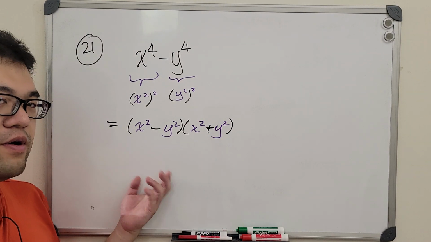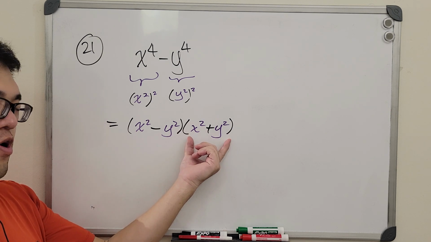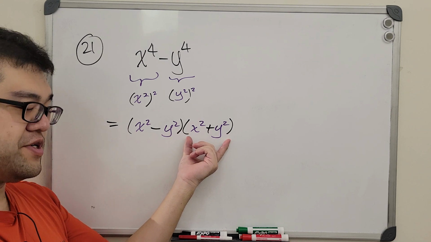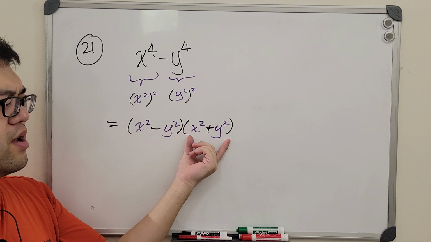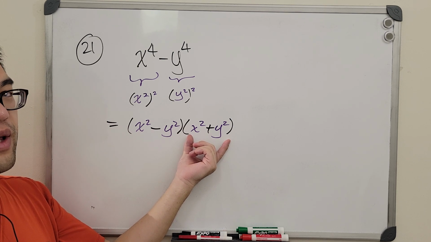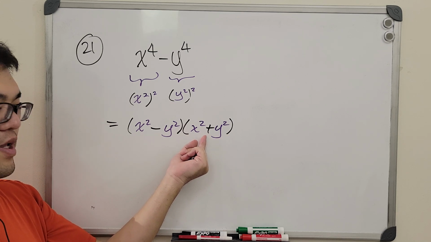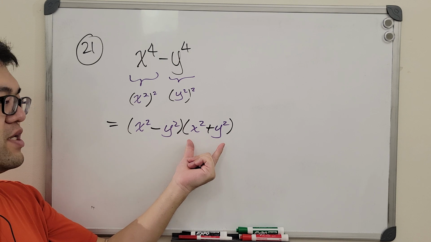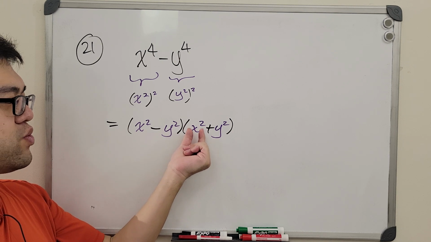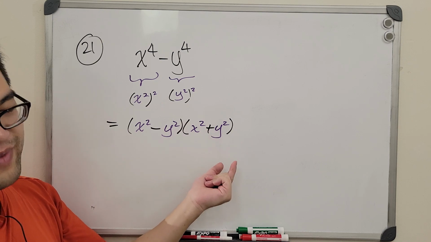So are we done? Well, let's double check. For the second part, we have a plus b, which is x squared plus y squared. It doesn't look like anything that we know of. In fact, it looks like something that is not factorable, because this is a plus sign. We have x squared, which looks like a squared, and y squared, which looks like b squared.